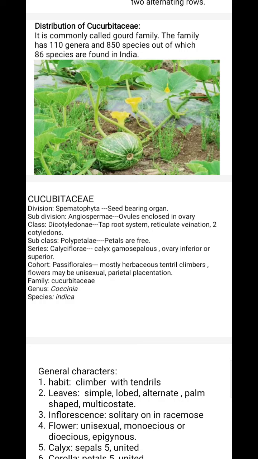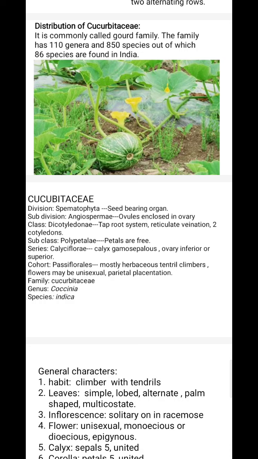And then the subclass, that is Polypetalae. Poly means the petals are free. Then series is the Calyciflorae. In that, calyx are gamosepalous.